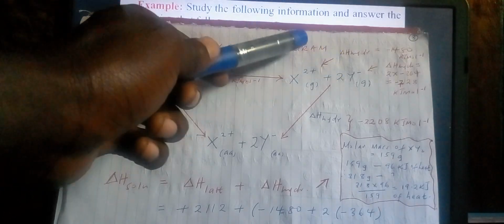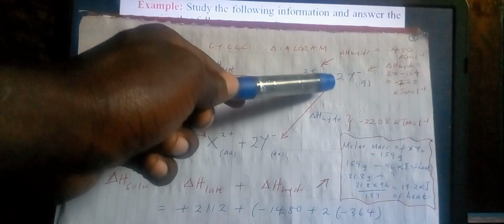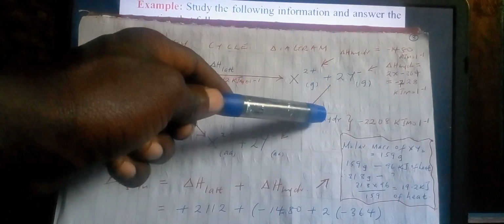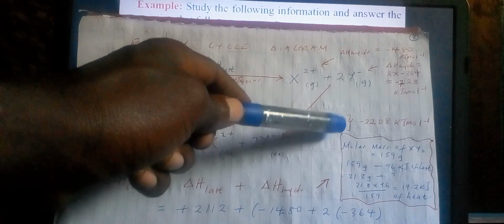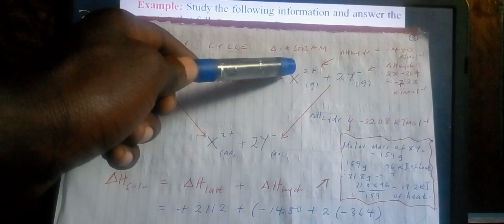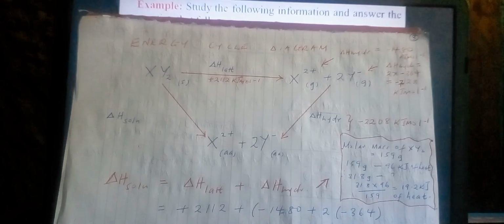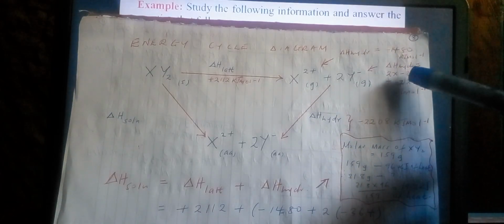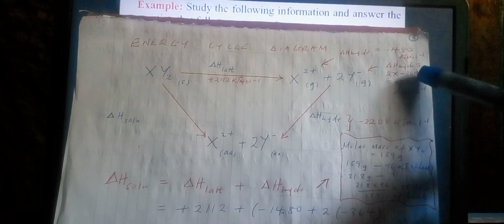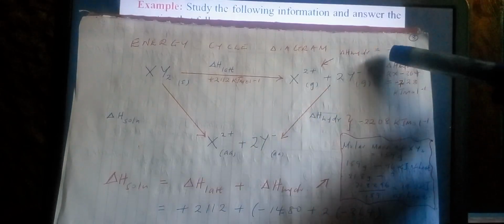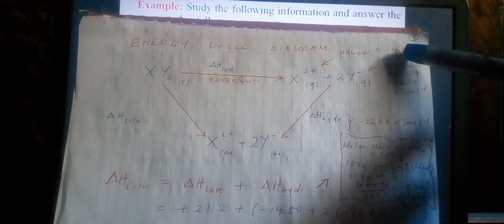Then, when these gaseous ions become surrounded with water, or they are solvated with water, hydration energy is obtained. When 1 mole of X ion is solvated with water, the amount of heat given out is negative 1480 kilojoules per mole.